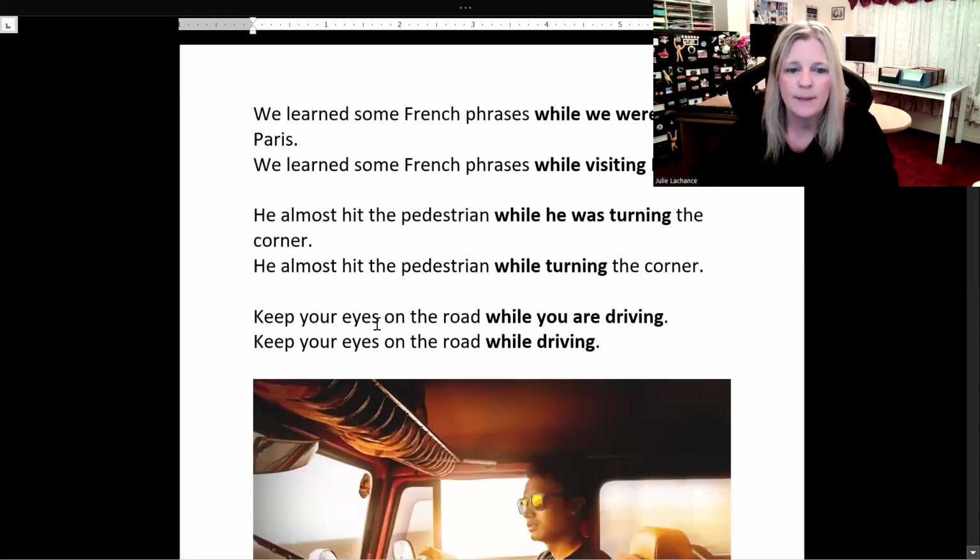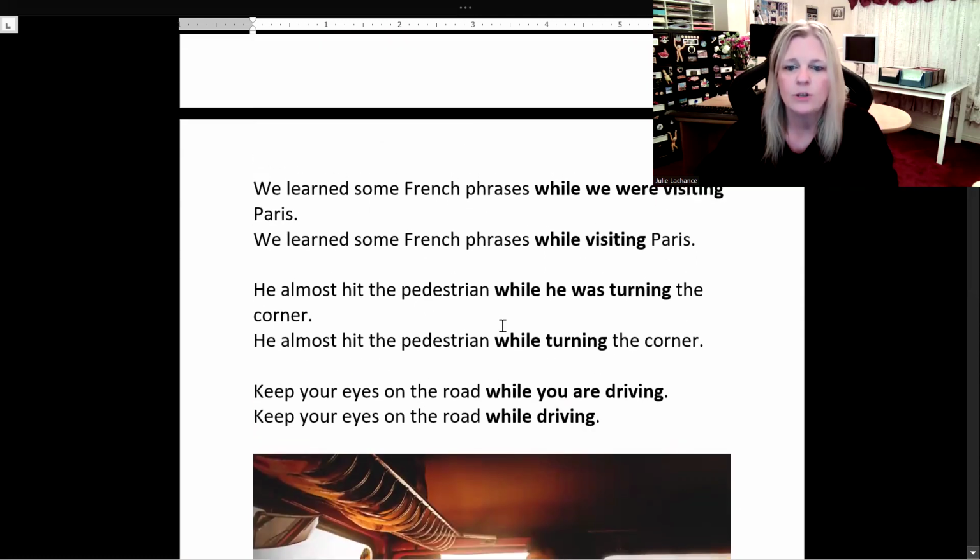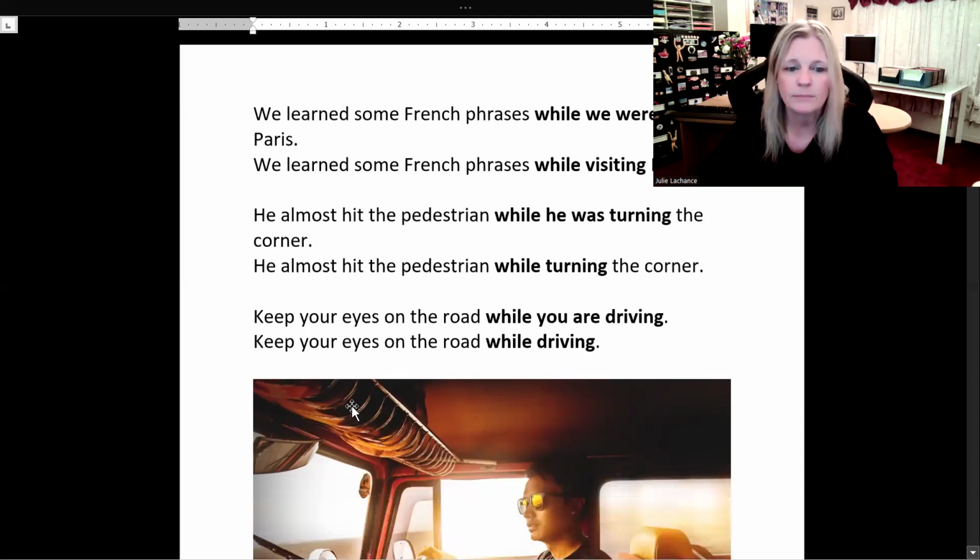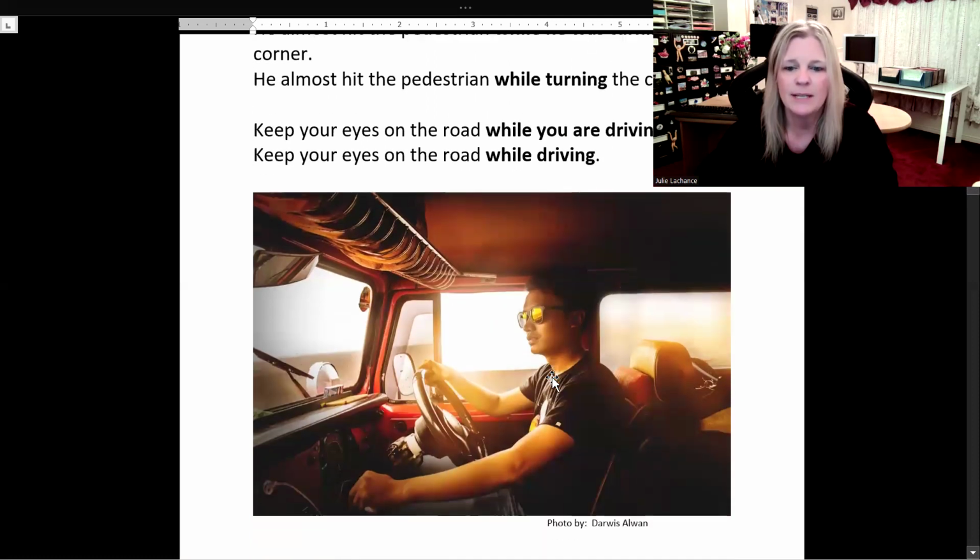He almost hit the pedestrian while turning the corner. Keep your eyes on the road while you are driving. Keep your eyes on the road while driving. Like this guy, he's looking straight ahead, watching the road.